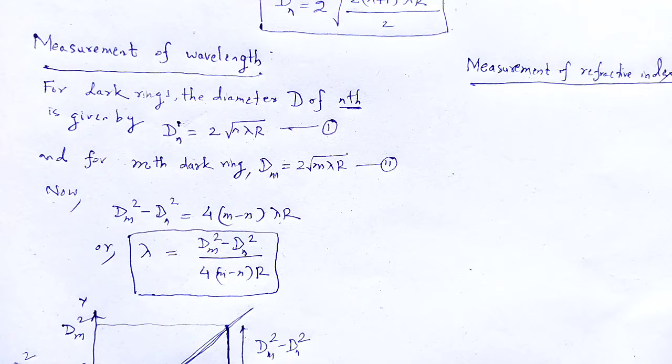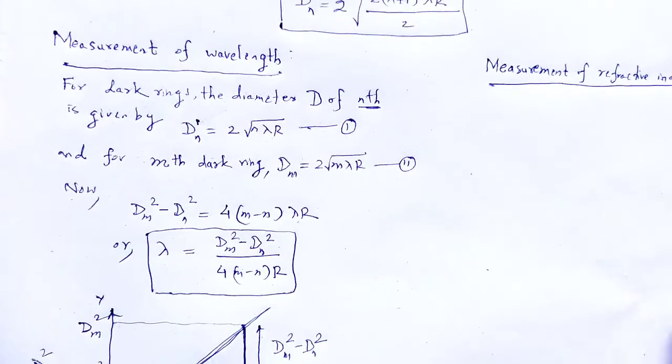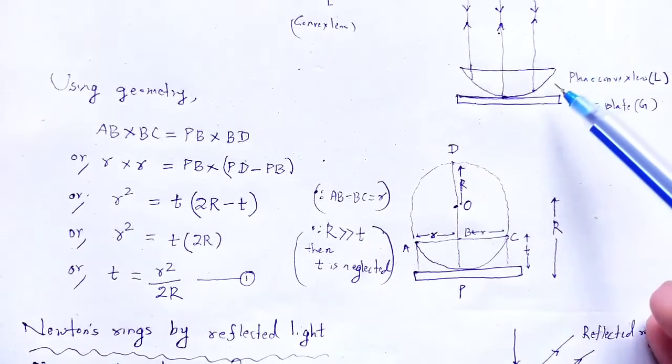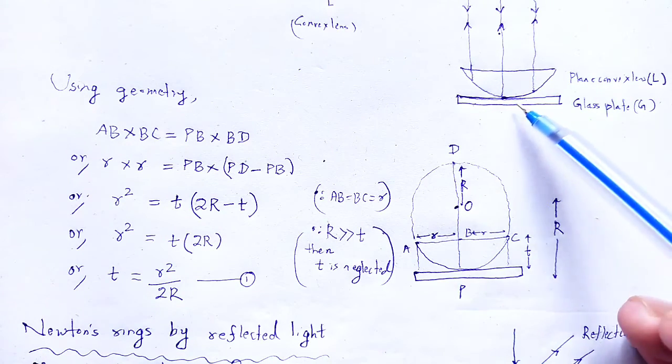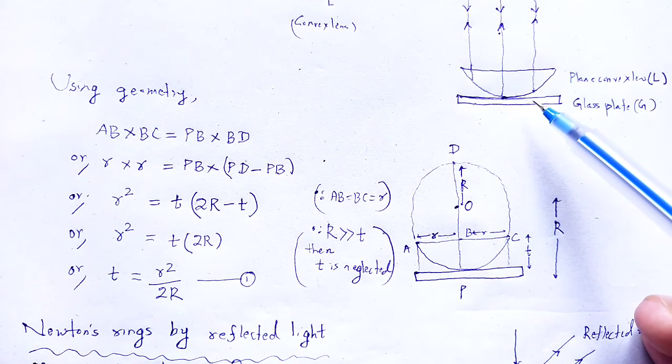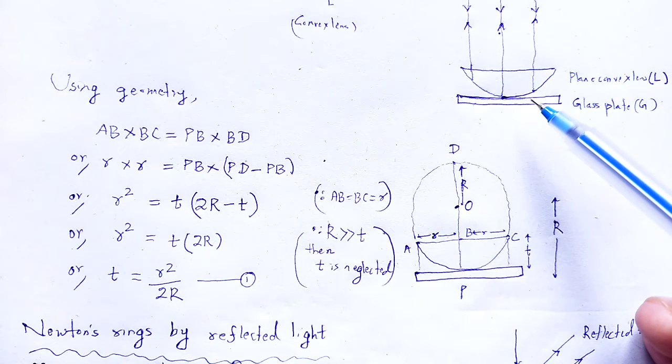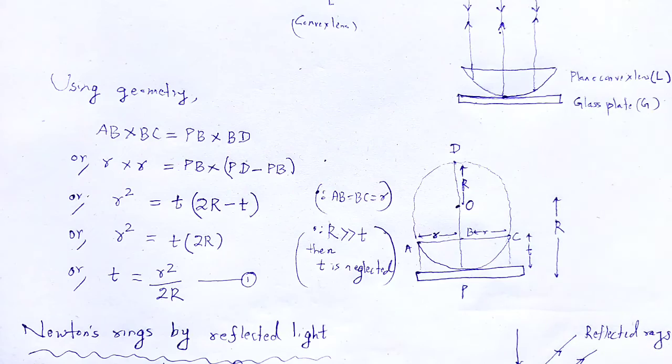Any transparent liquid, let it have the refractive index mu, which is to be measured, is inserted between the lens and the glass plate. Here is the apparatus of Newton's ring, the glass plate and the plano convex lens. In between these two, we insert the transparent liquid whose refractive index is to be measured. Let that refractive index be mu.